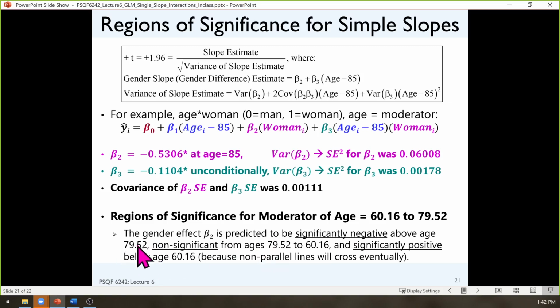If I go lower than 80, the slope is non-significantly negative, and it eventually becomes positive if I go down all the way to 60. So this model says that below age 60, the gender gap would actually be opposite, favoring women. Between 60 and 80, the gender gap is non-significant. And then after 80, the gender gap is significant, favoring men.